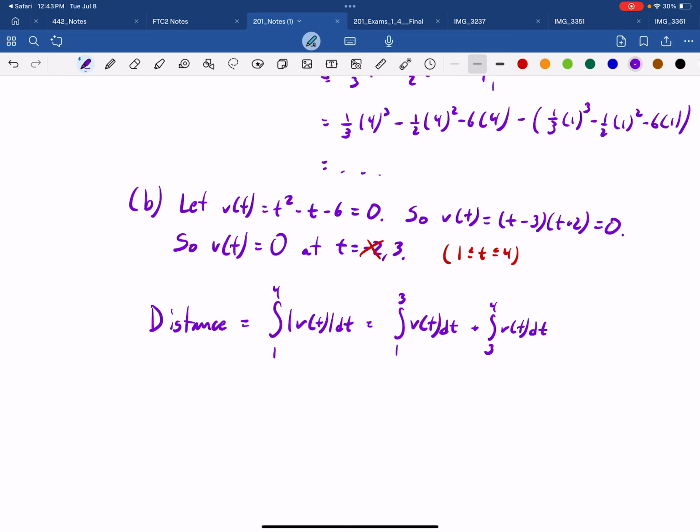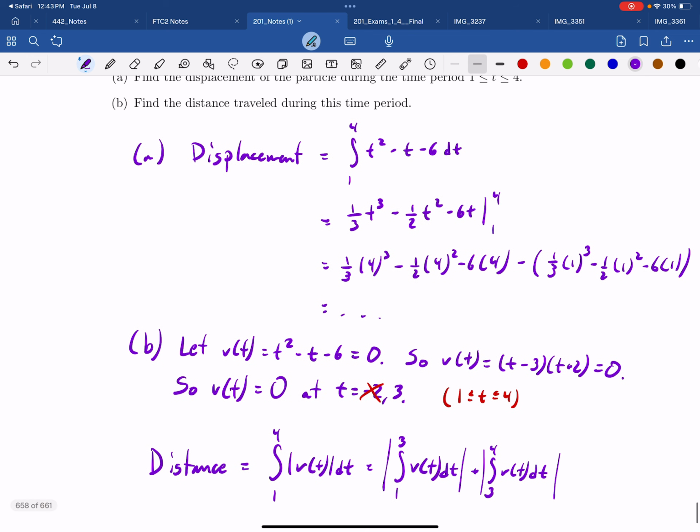And at this point, I should say that because we've split this up over the zeros, we can put absolute value signs outside the integral. Okay? So let's just do this integral out and see what we get. If we get a positive number, keep it positive. If we get a negative number, flip the sign to make it positive, right? We already know what the integral is, we already did that. We just need to plug in different numbers.